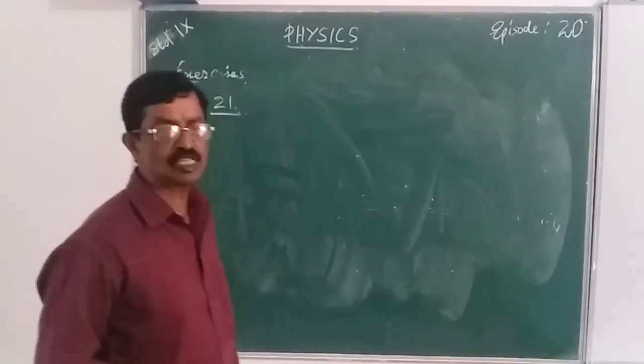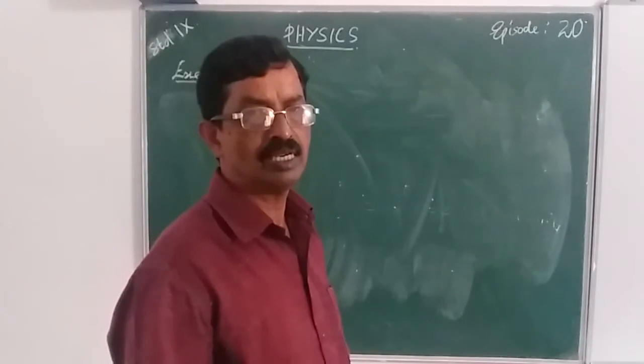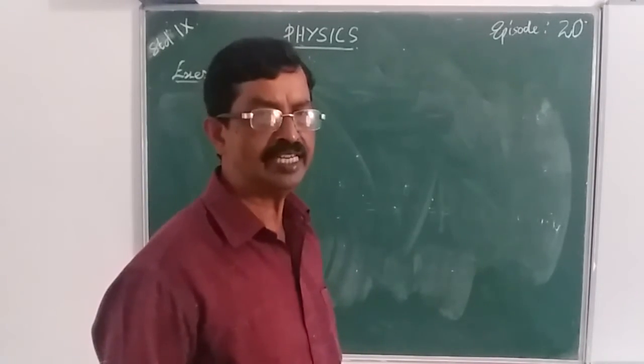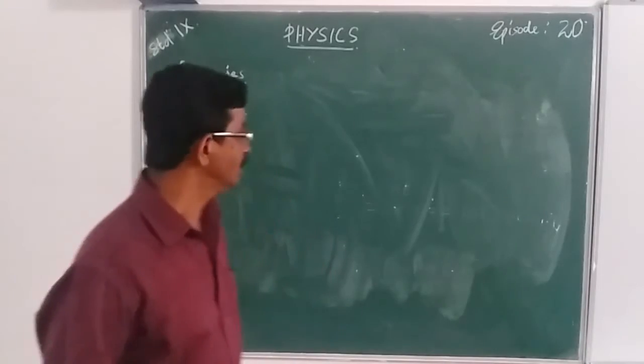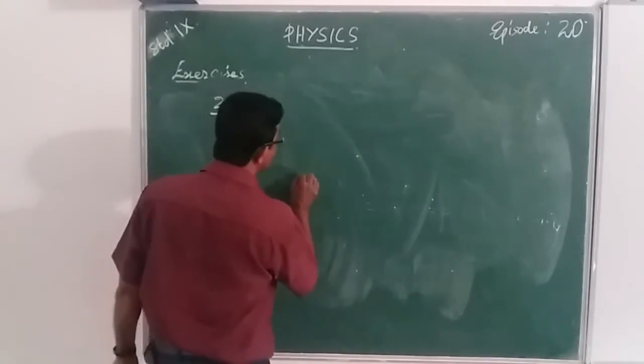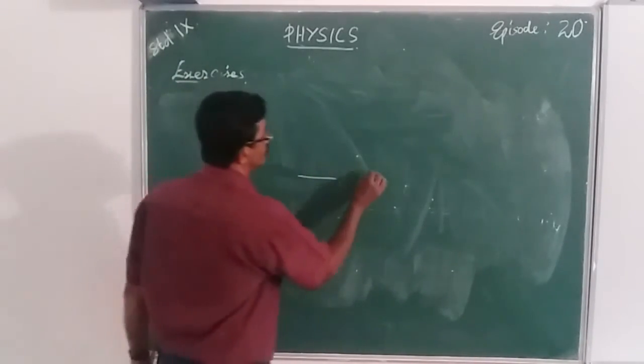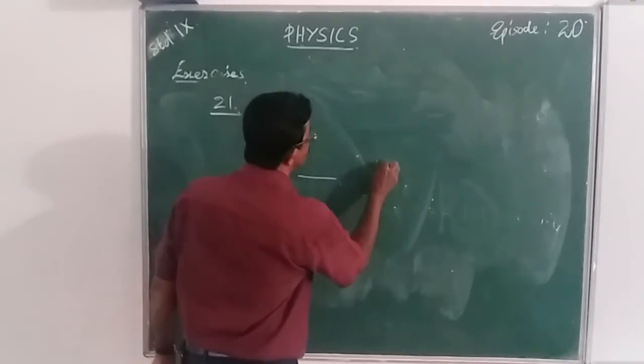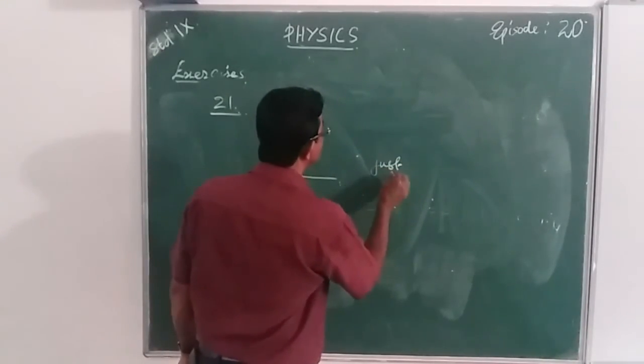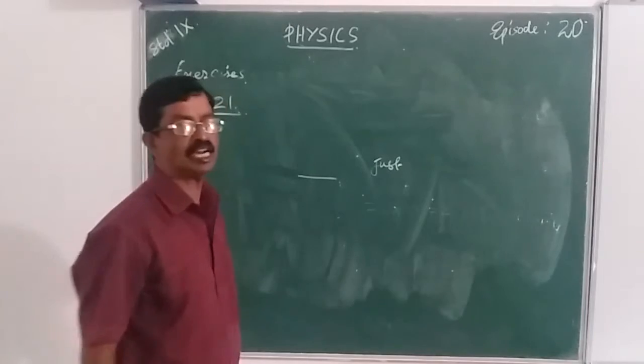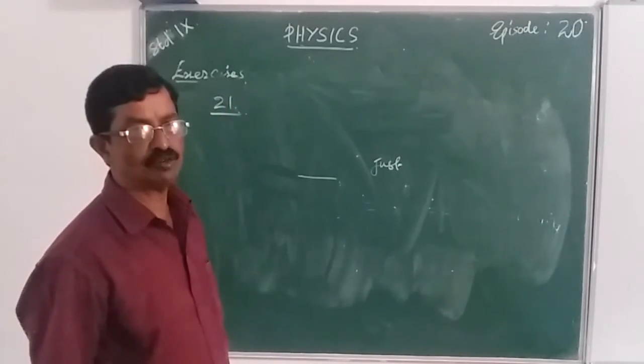Its potential energy gradually changes to kinetic energy, and when the body is just going to touch the ground, height becomes 0.